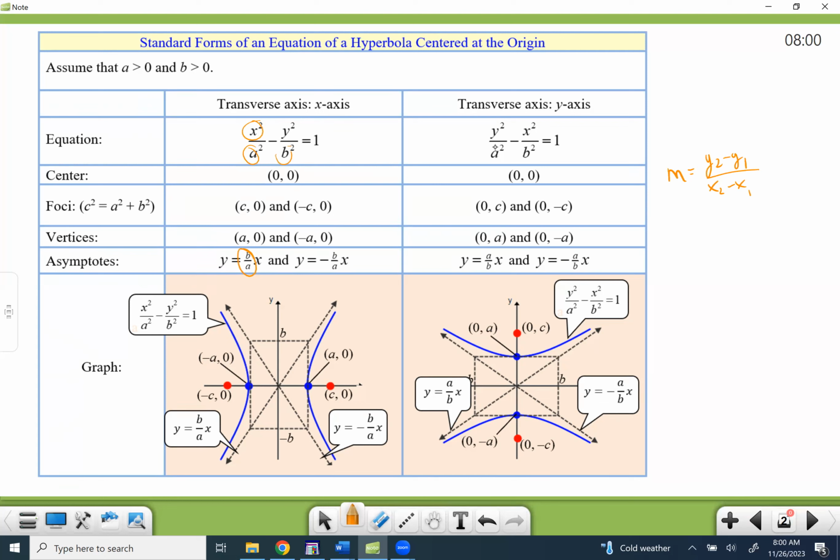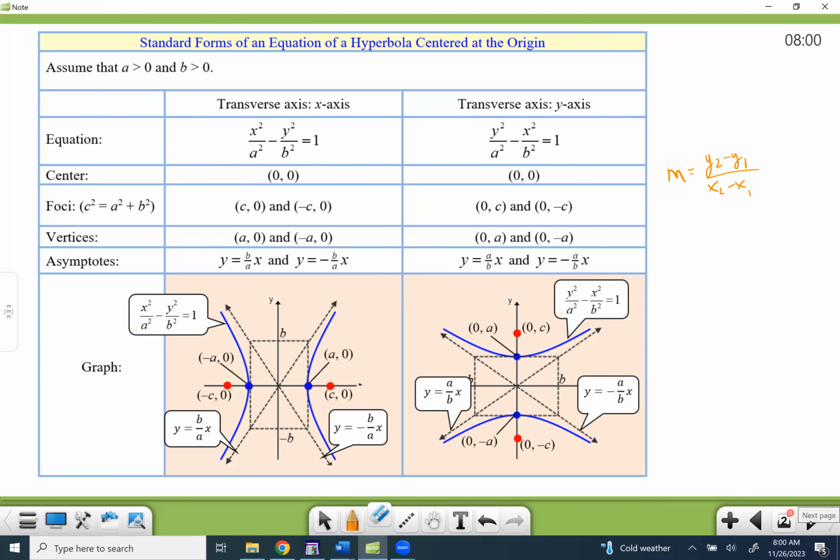If we go over to this other one, whatever's underneath y should be on top, so now a should be on top, and b should be on bottom. So that's why it's a over b. If you just remember y should always go on top, just like the slope formula, then that will help you remember whether it's b on top or a on top.